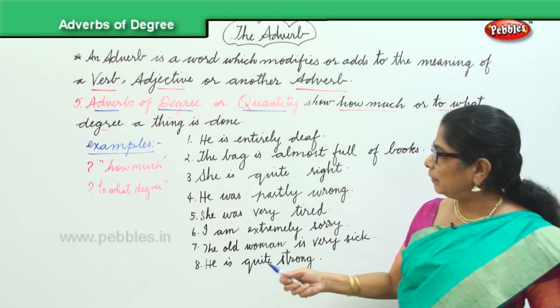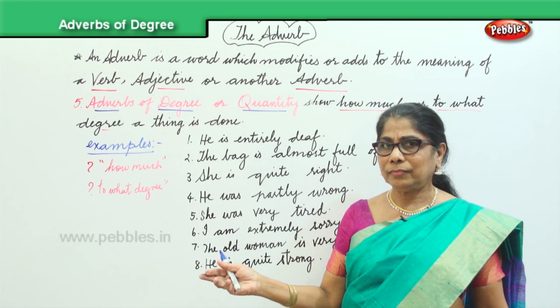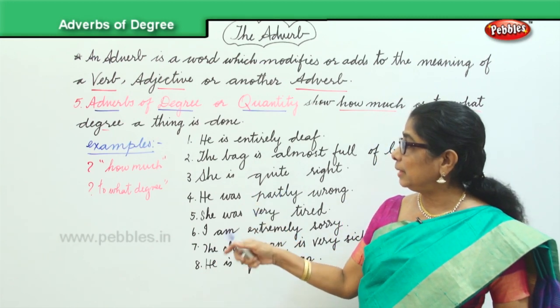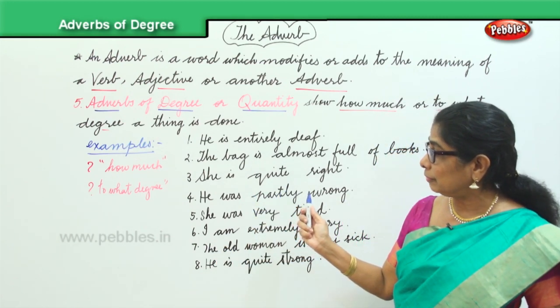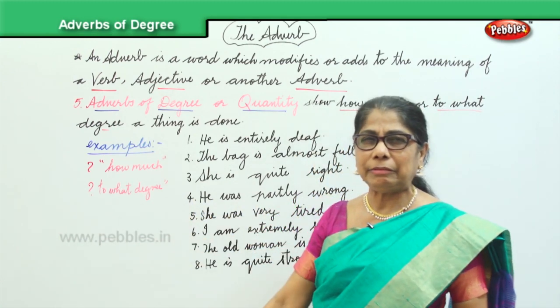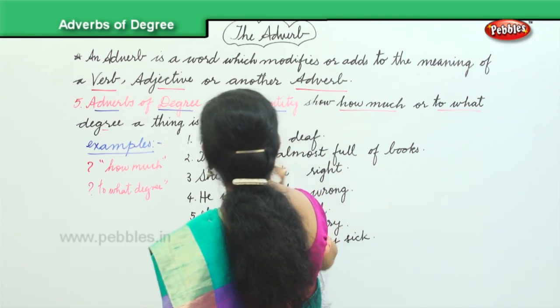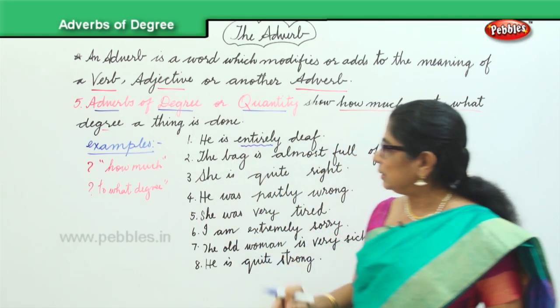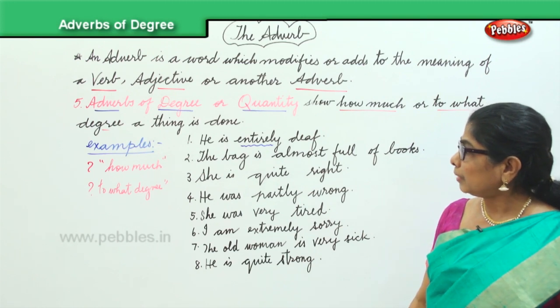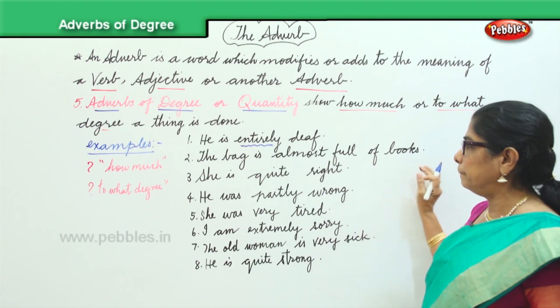The examples I have here are, he is entirely deaf. He is deaf. To what degree is he deaf? Entirely. Stone deaf. So, entirely is an adverb of degree. Now, the bag is almost full of books.